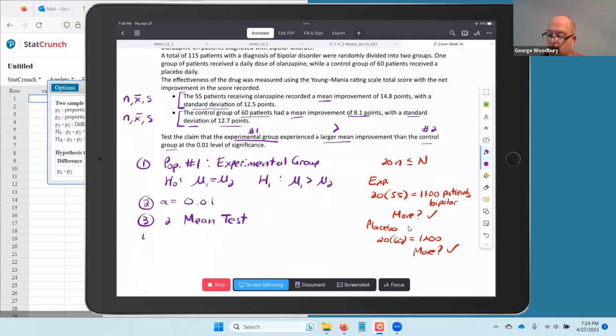In step 4, we're going to use Stat, T-stats, two sample, and this time it's with summary, because we already know the mean and standard deviation for each group. If instead we had two sets of data, like we'll have in problem 3, then we would use data instead of summary.